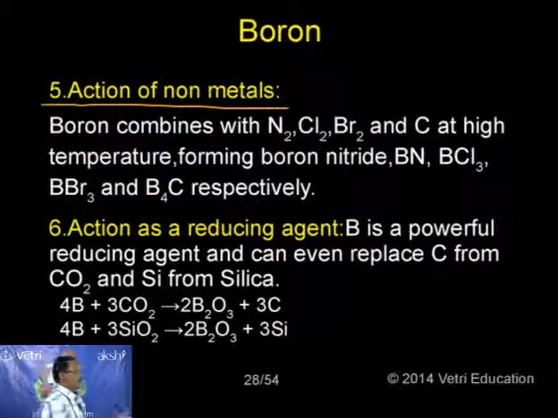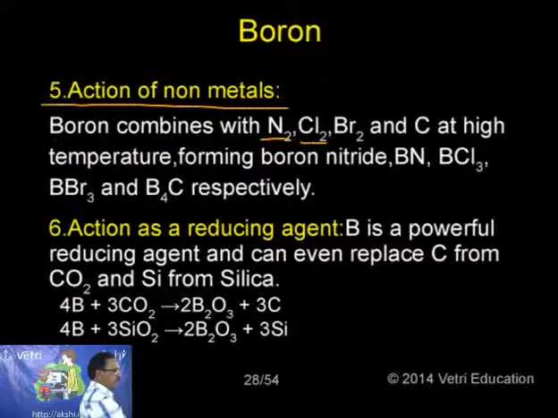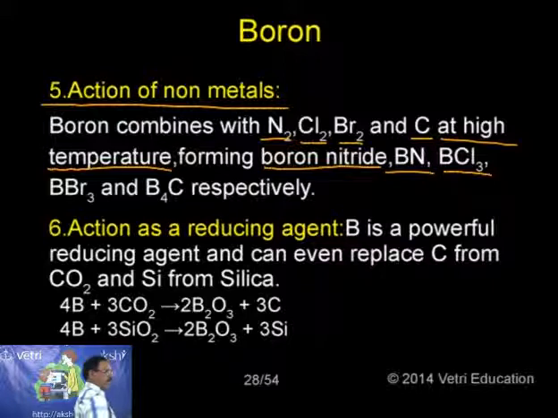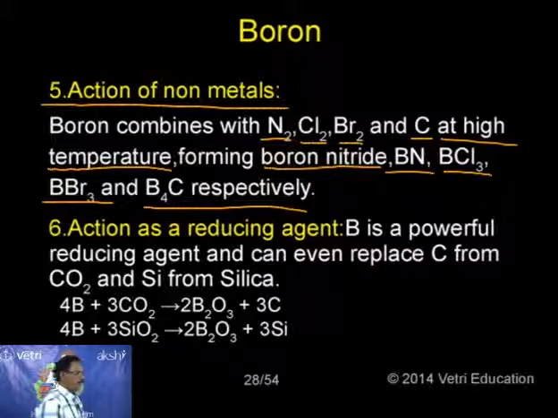Boron combines with N2, Cl2, Br2 and carbon at high temperature, always at high temperature, forming boron nitride, BN, boron trichloride, BCl3, boron tribromide, BBr3 and boron carbide, B4C respectively.